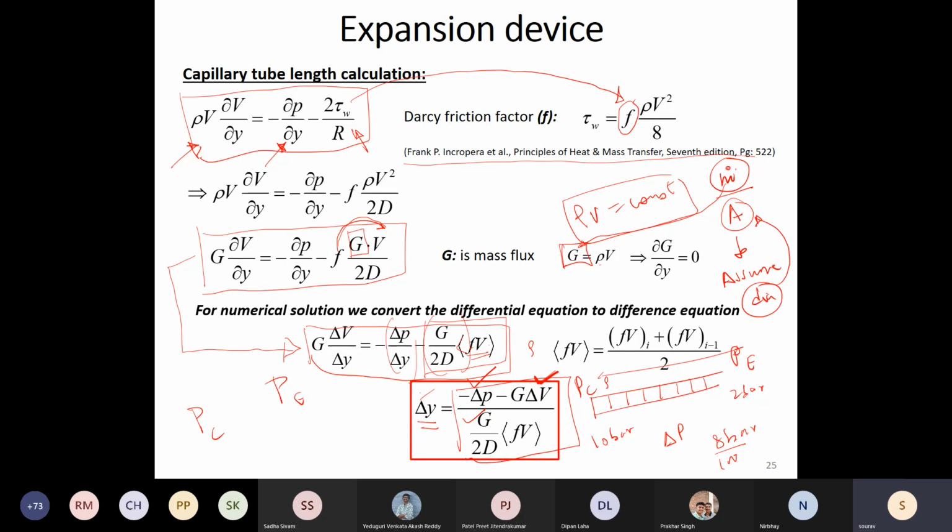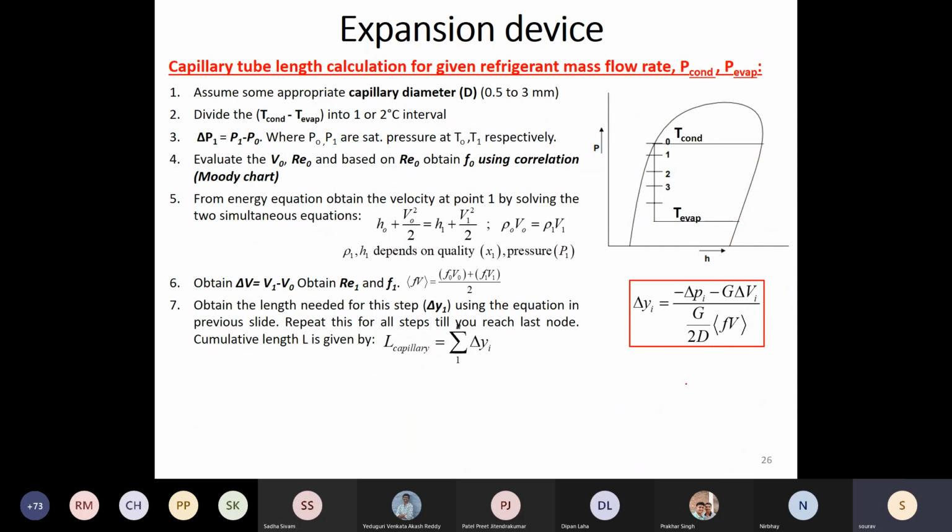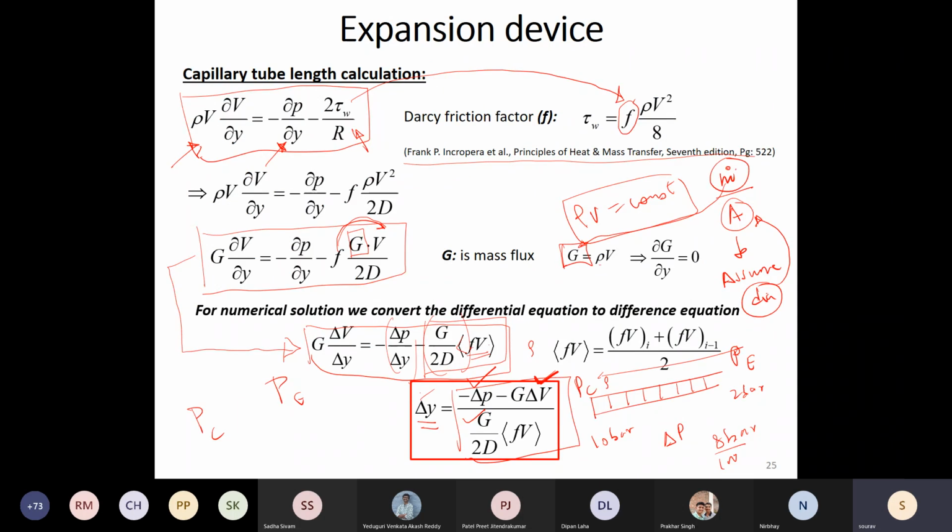And in order to get the density, I need to know what is the pressure. That I know because I have already divided my 10 to 8 bar into 100 nodes. So I know what is the pressure at each node. That is fine. But I need another piece of information, that is the quality. I need two properties to fix the other properties.